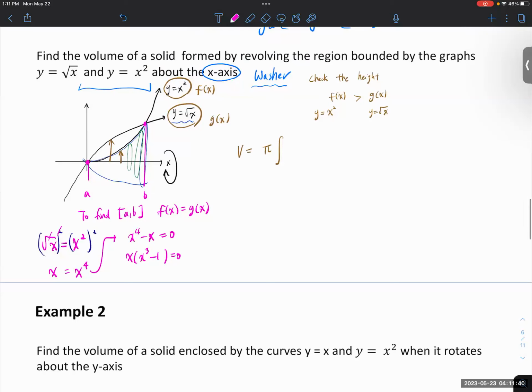In this case, you have x equals 0, and x cubed equals 1 means x equals 1. So we have exactly 0 to 1. Think about it: x cubed equals 1, x should be 1.